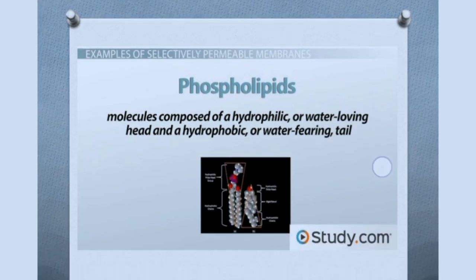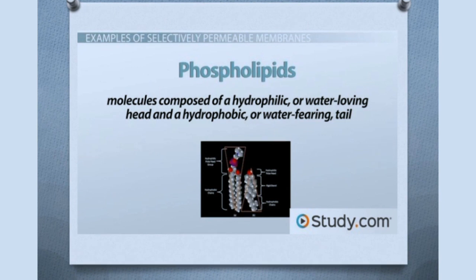Now, what is meant by phospholipids? These are molecules composed of a hydrophilic or water-loving head and a hydrophobic or water-fearing tail. Two types of molecules are there. Hydrophilic means these are attracted towards water. These are also called water-loving.